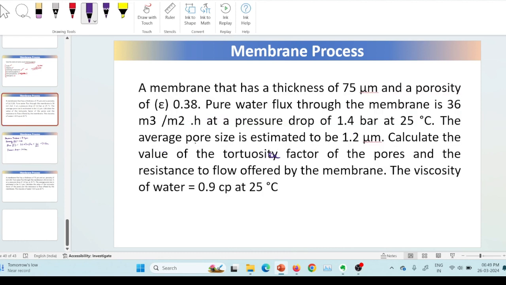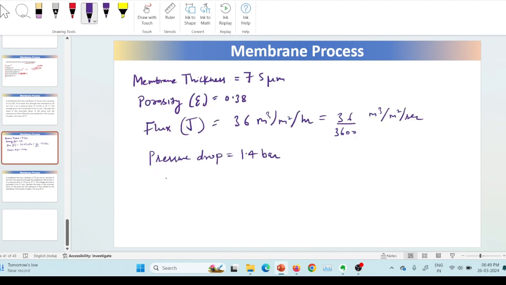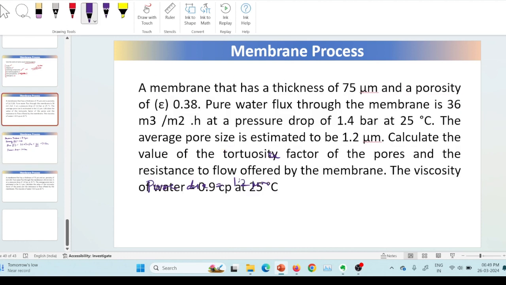And the average pore size is estimated as 1.2 micron, pore diameter 1.2 micrometer.